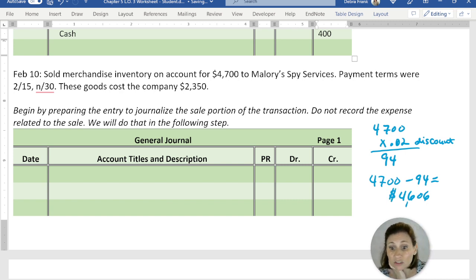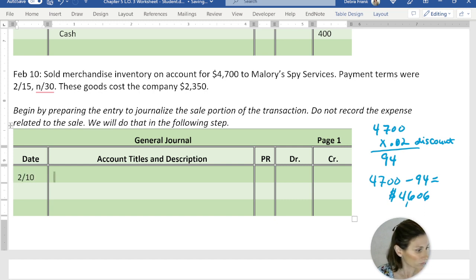I'm going to assume they're going to end up later on paying that $4,606. So our sales, not for 4,700, is for 4,606. All right. We'll talk about what happens if they don't take the discount later. But we have to assume, being conservative under our revenue recognition standards, this.